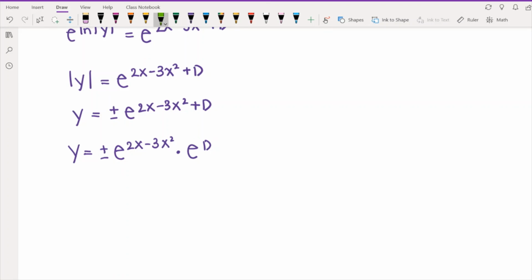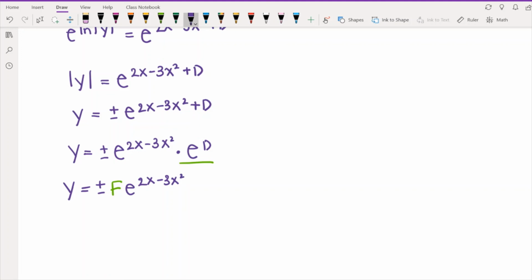Let's not call it e because that's a little confusing. Maybe let's call it, I don't know, g. So that would give us y is equal to plus or minus, or let's call it f, I guess. I'm not crazy about f because that reminds me of a function, but let's just do that since it's the next letter. So we have f times e to the 2x minus 3x squared.